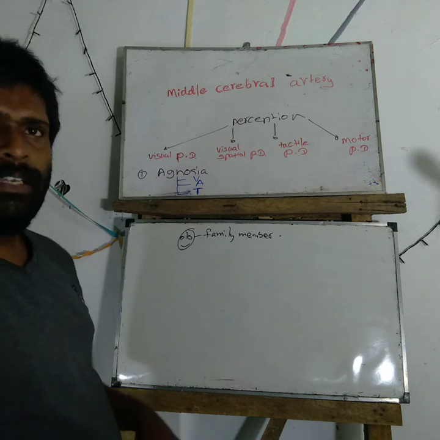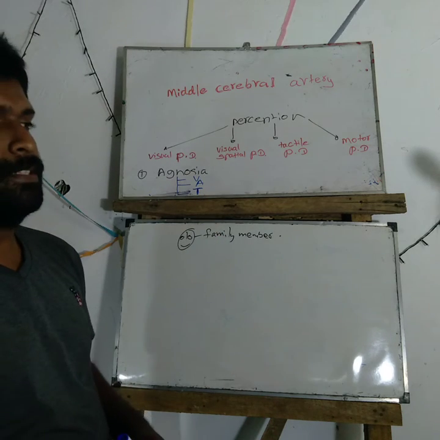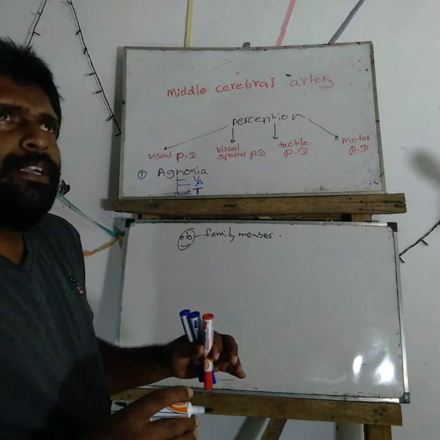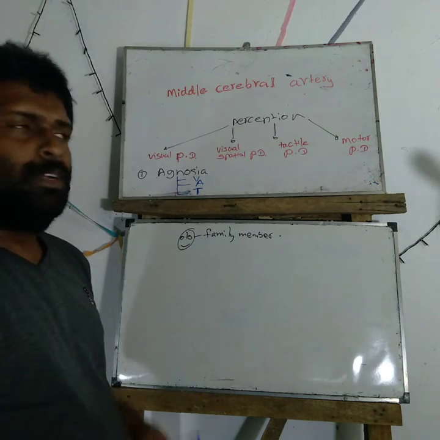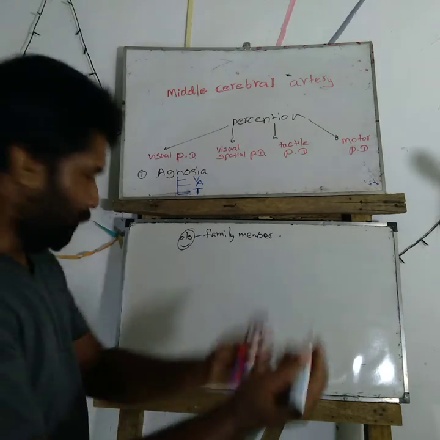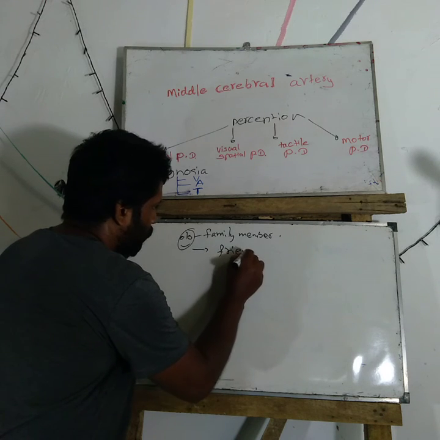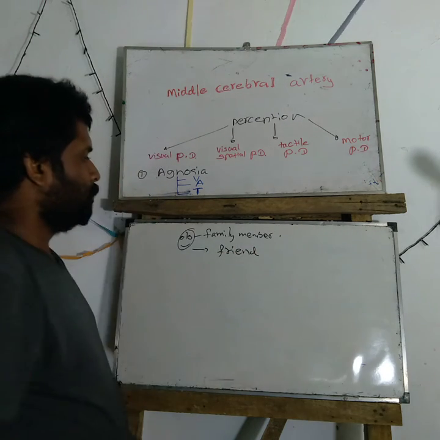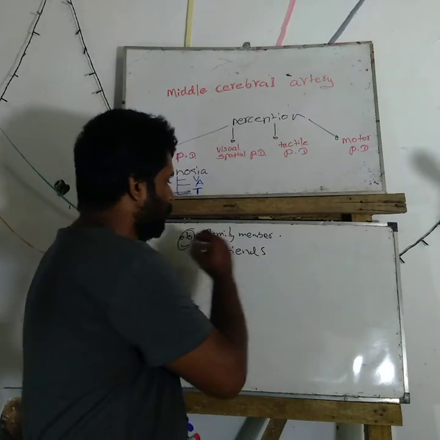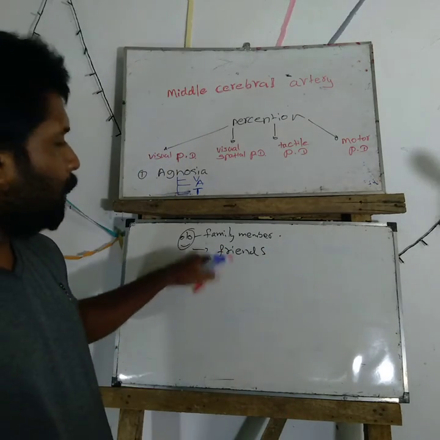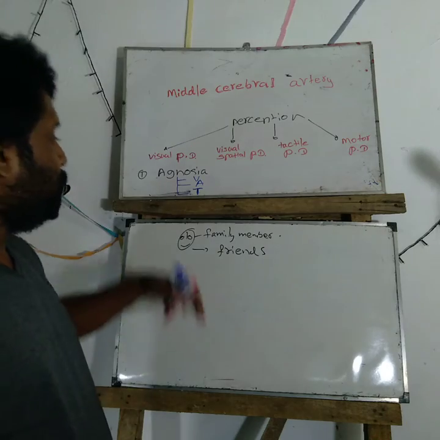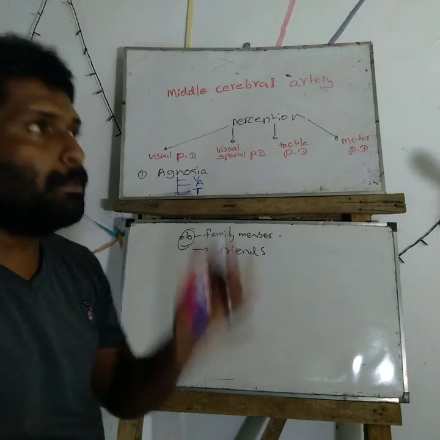The patient can't identify the girlfriend, can't identify the friends, and can't identify the family members.